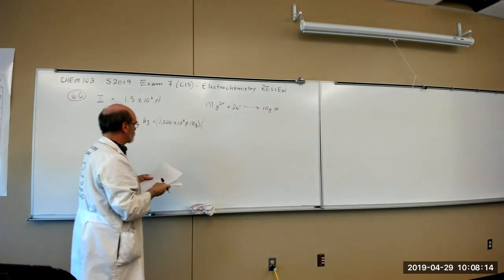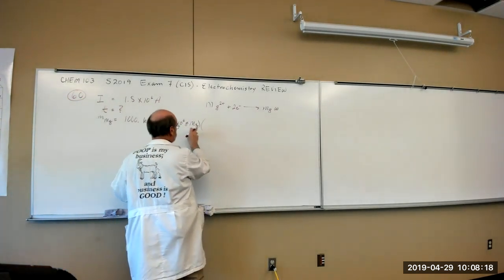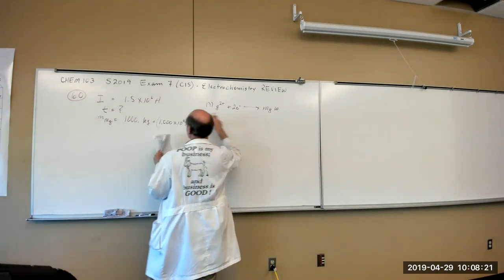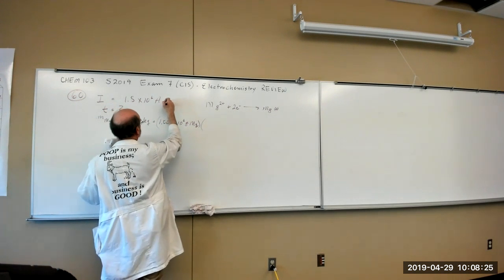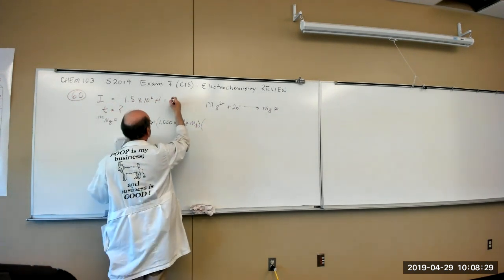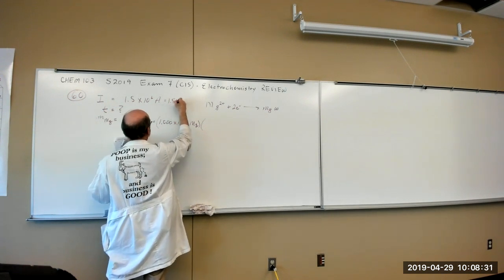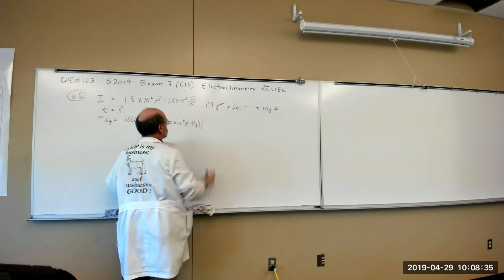How long will it take to produce 1 metric ton? Time is the question. So we've got to convert this into that because this contains our time factor. An amp is equal to coulombs per second.